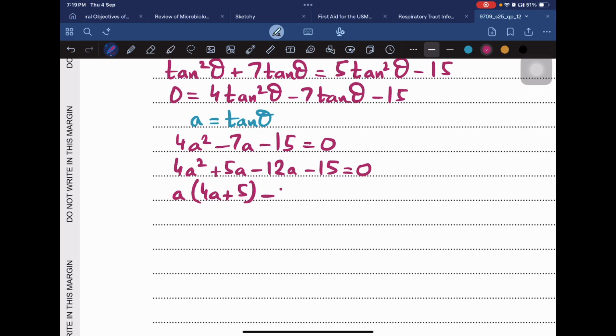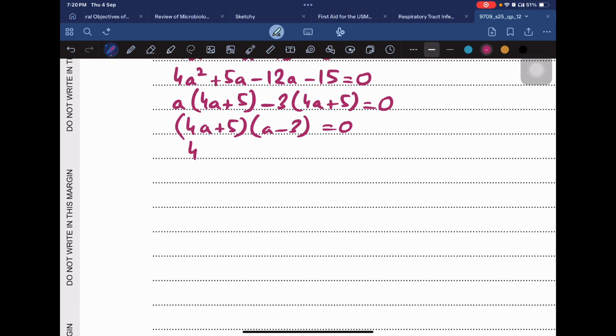Negative 3 common from the last two terms will leave me with 4a plus 5 equals 0. So 4a plus 5 common now will leave us with a minus 3 equals 0. This means we have 4a plus 5 equals 0 and a minus 3 equals 0. So a equals negative 5 upon 4 and a equals 3.